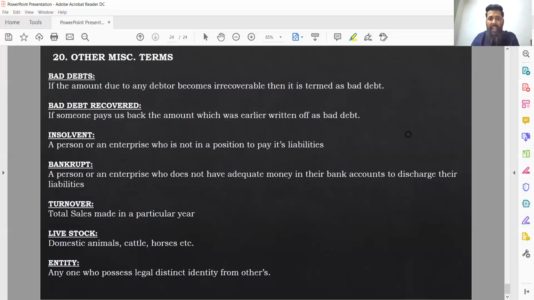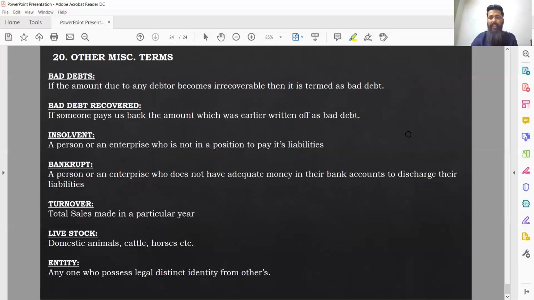He doesn't have any resource to discharge his liabilities, whereas bankrupt means that the person or the enterprise does not have ample money in its bank account only, but personally he has ample money. Bankrupt merely means shortage of money, or you don't have money in your bank account. Your checks are getting bounced. That is a situation of bankruptcy.